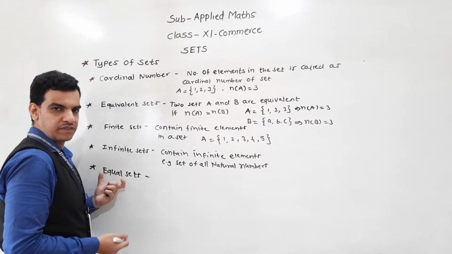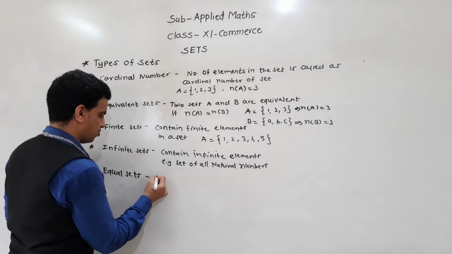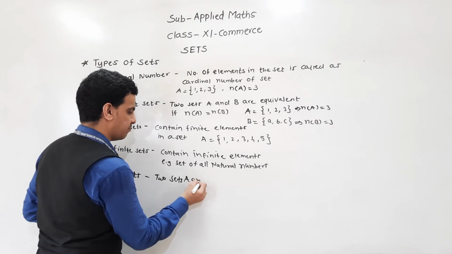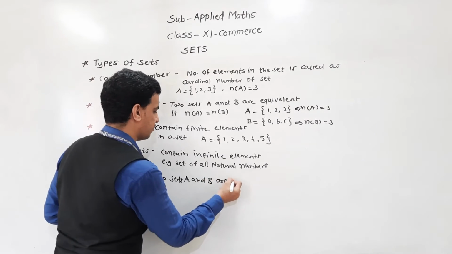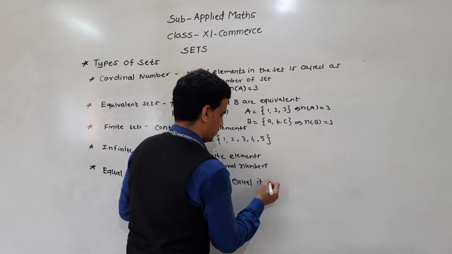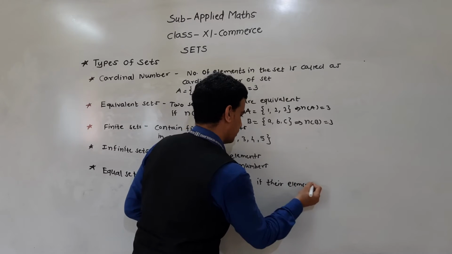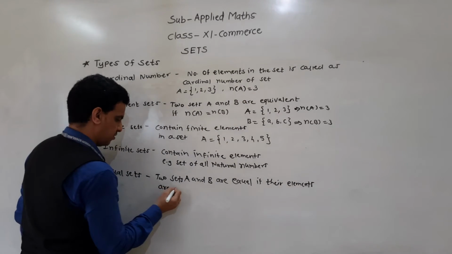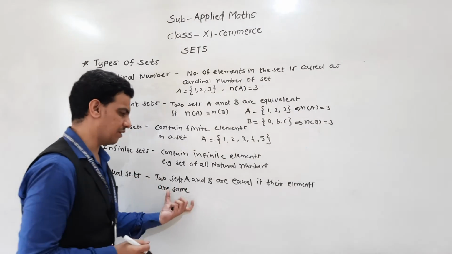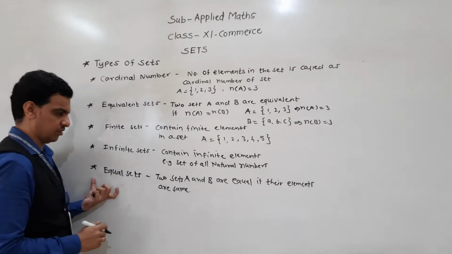Equal sets means, if we say that two sets A and B are equal, it is because their elements are the same.